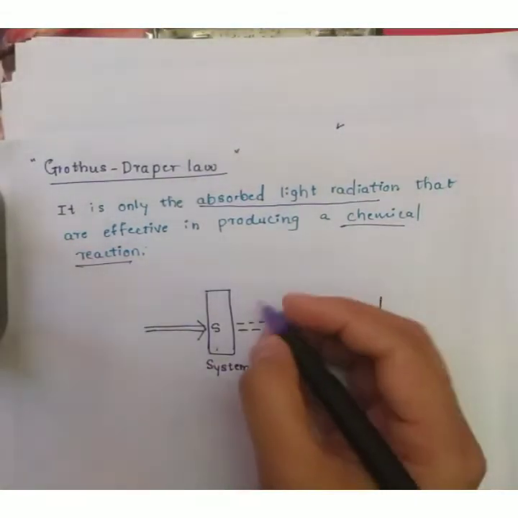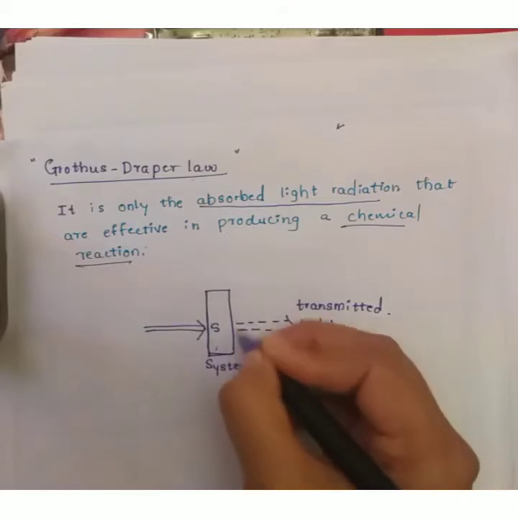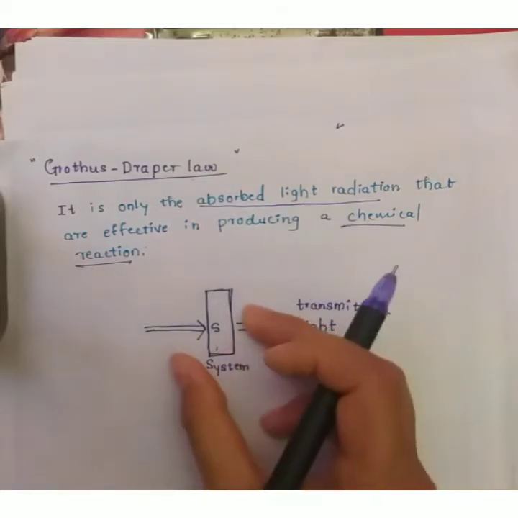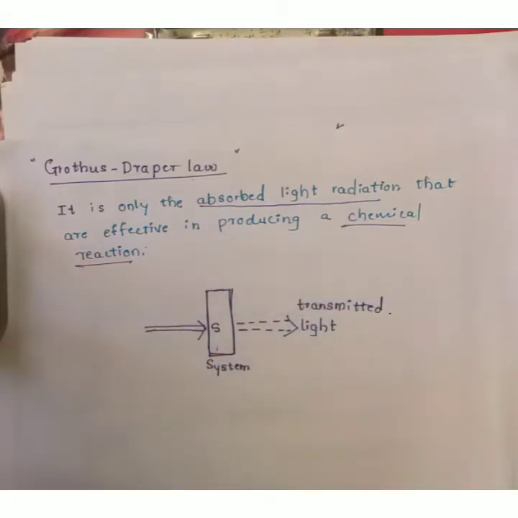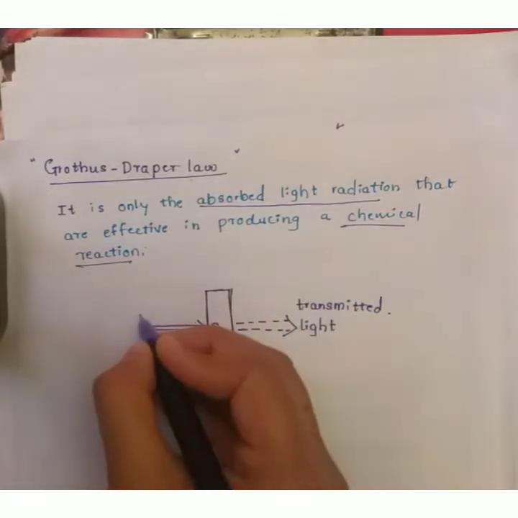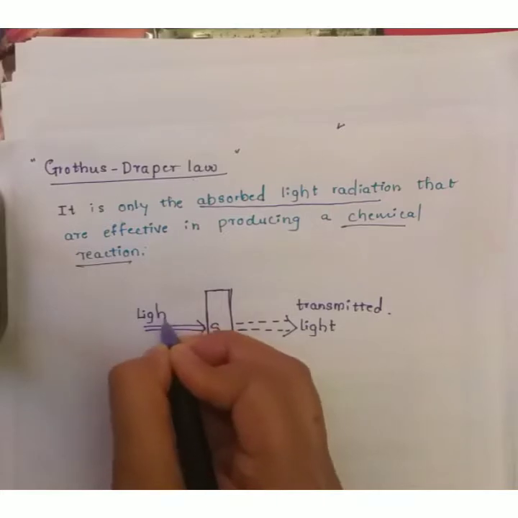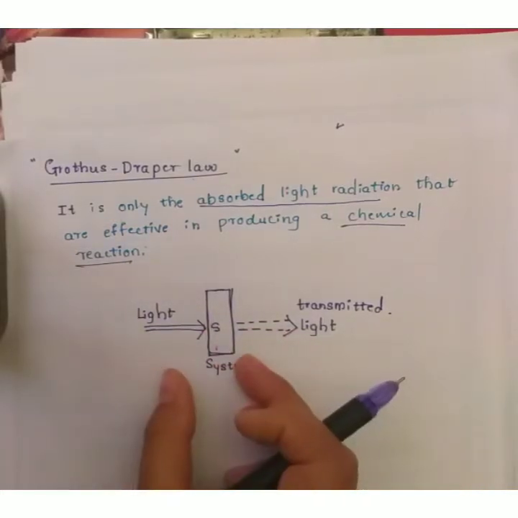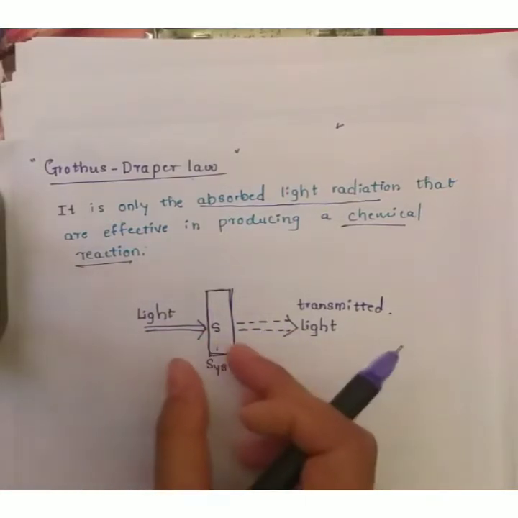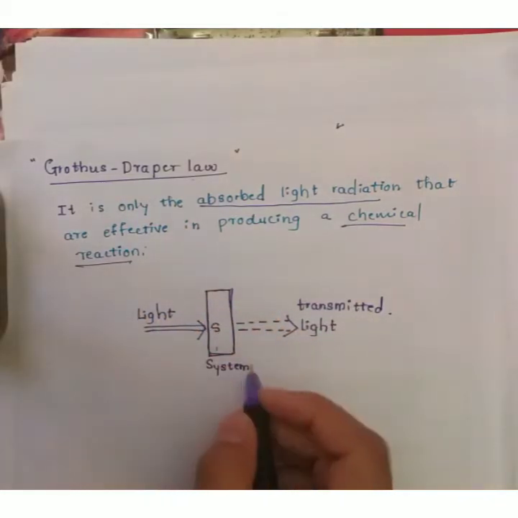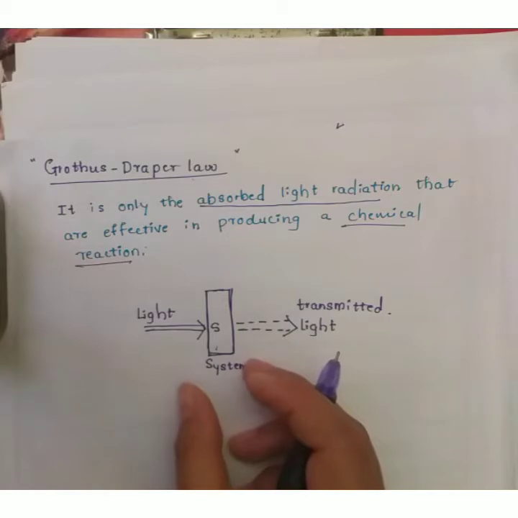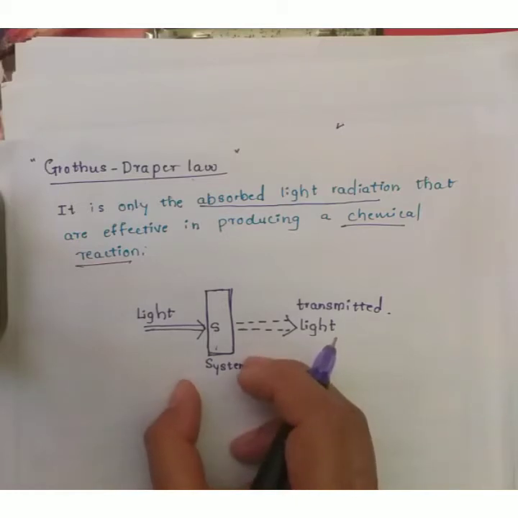Now consider, suppose this is a system. Here the system consists of reactants that have to react to form the product, and light radiations fall on the system. When the light radiations fall on the system, the system will absorb only certain radiations that are required to carry out the chemical reaction.